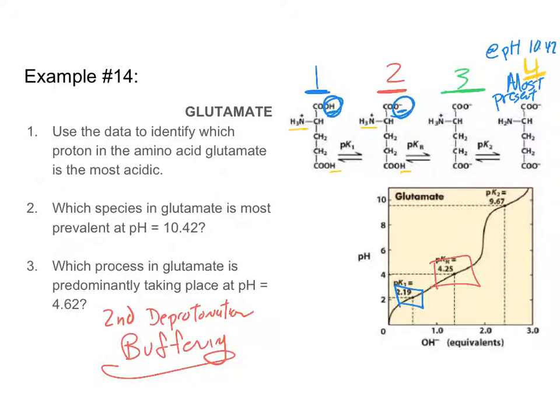So that's the most acidic proton. The second most acidic proton would be this one, because that's the next one that comes off. And then the third most acidic proton would be this one, because this one comes off third. Does that make sense?